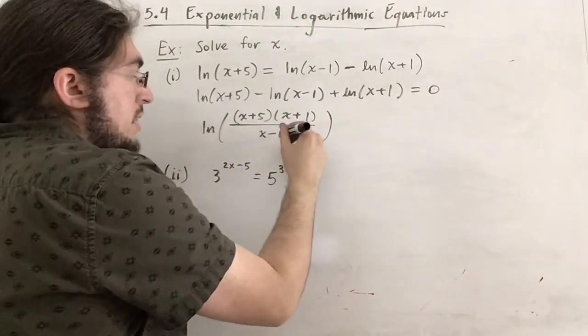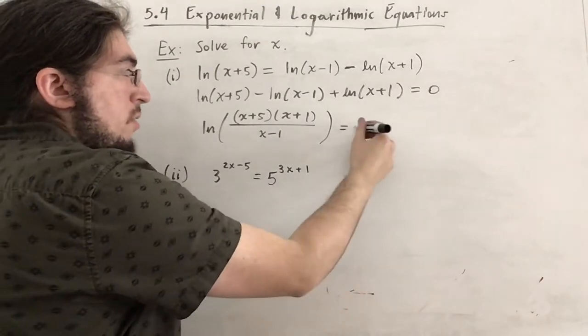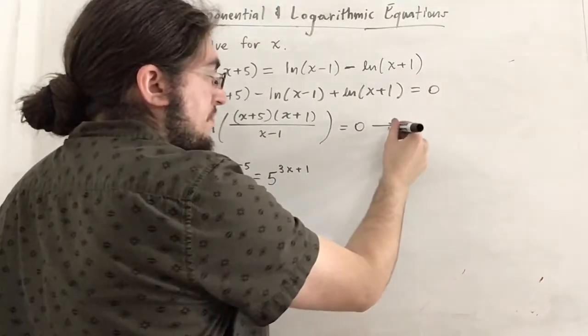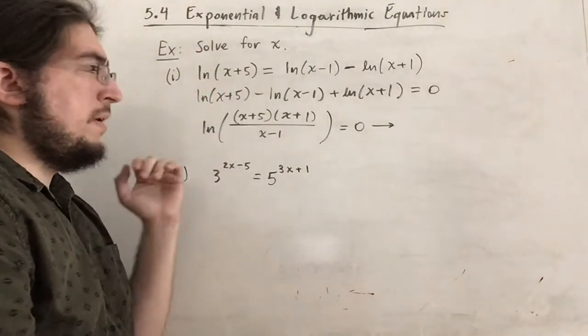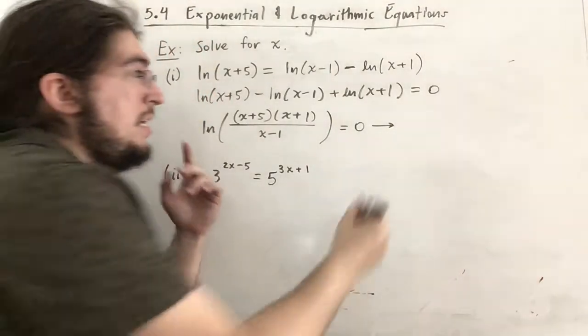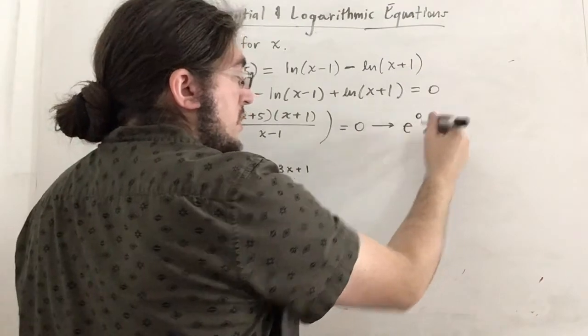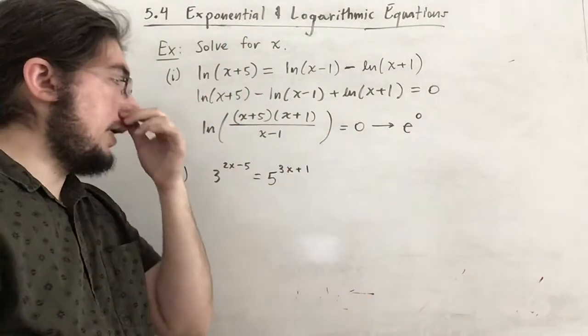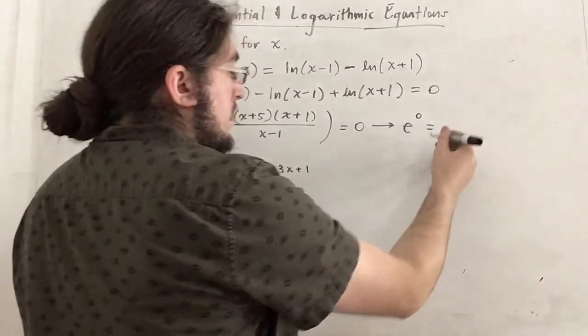So that's our x minus 1. Of course, equals 0, and now we can write this in exponential form. The base here is e, so this is e to the power 0, because logs solve for powers, again, equals this mess.